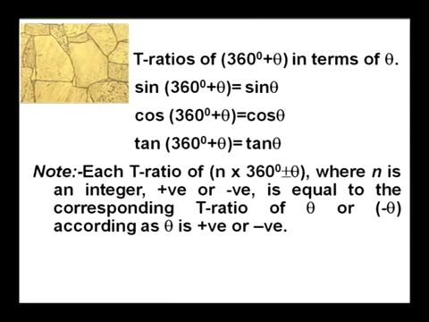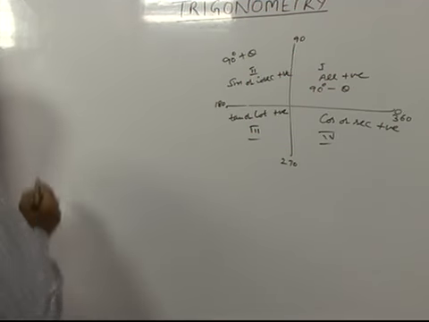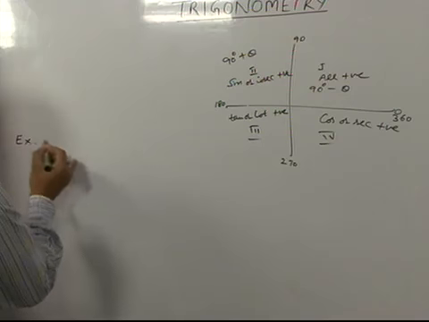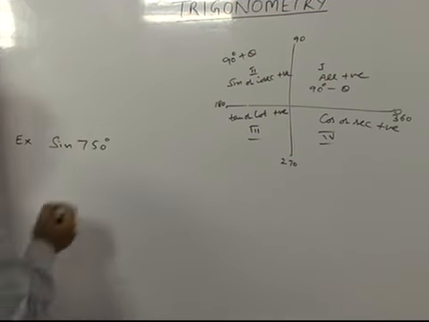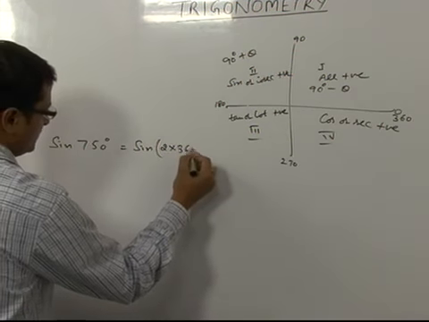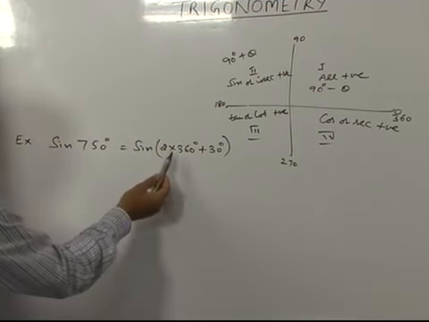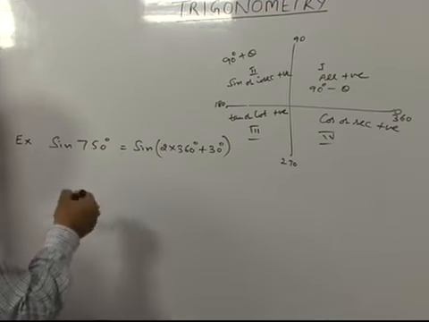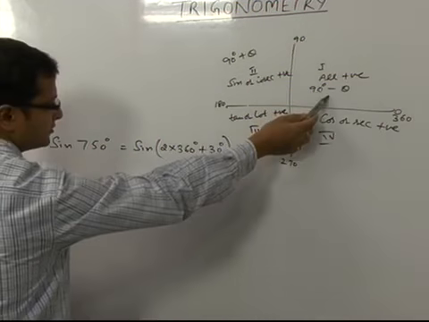Let's take an example. For example, if we have to calculate sine of 750 degree, we can write it as sine 2 into 360 degree plus 30 degree. 2 into 360 degree means 2 rounds complete, and 30 degree lies in the first quadrant.